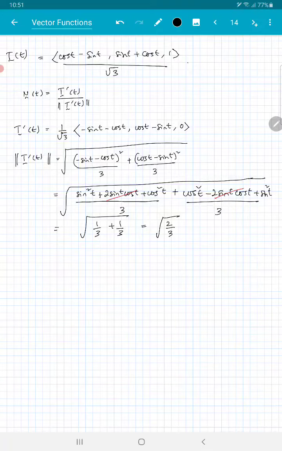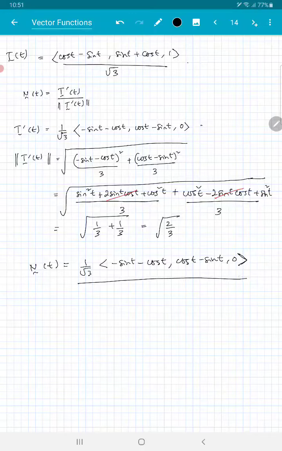So now we can use the formula. The unit normal vector is equal to T prime, so this is our T prime: 1 over square root of 3, here I'm using the pointy bracket, negative sine t minus cos t, cos t minus sine t, 0, divided by its magnitude, which is the square root of 2 over 3.